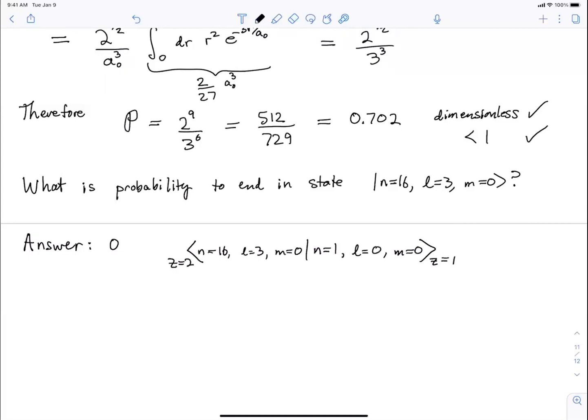Okay, but there's no way for that to be non-zero because there's no way that an L equals 0 state here can have any non-zero matrix element with an L equals 3 state. Okay, so that's just 0 by angular momentum selection rule.